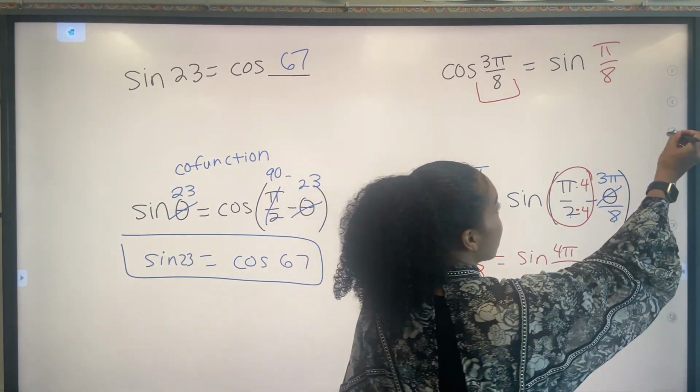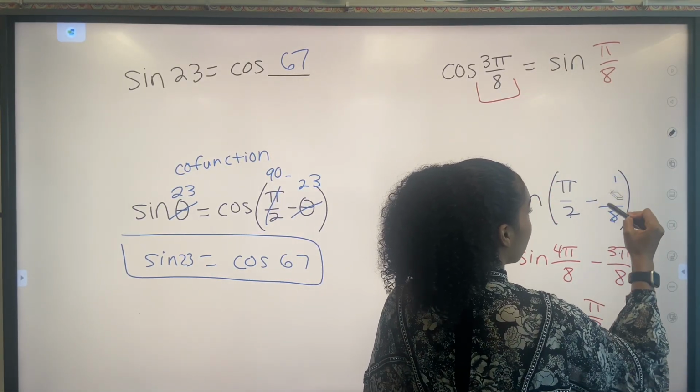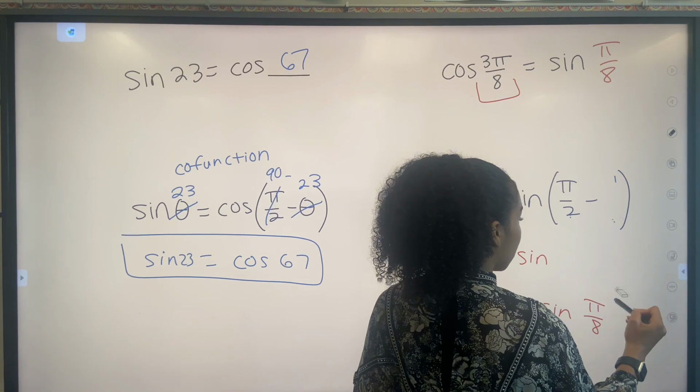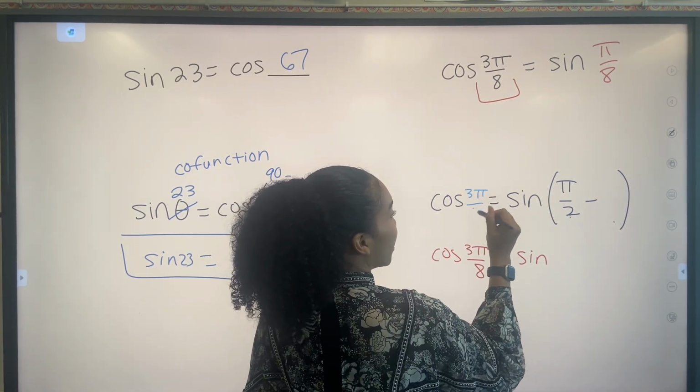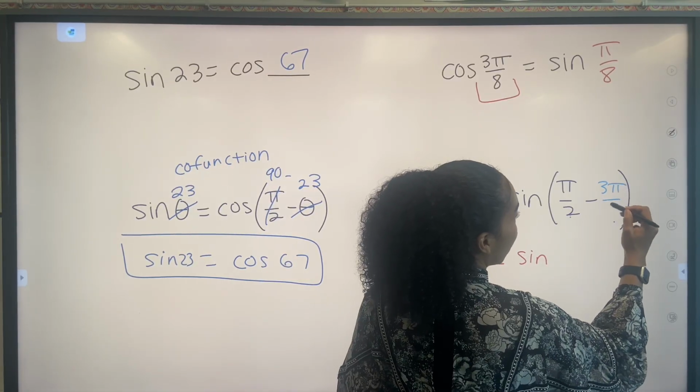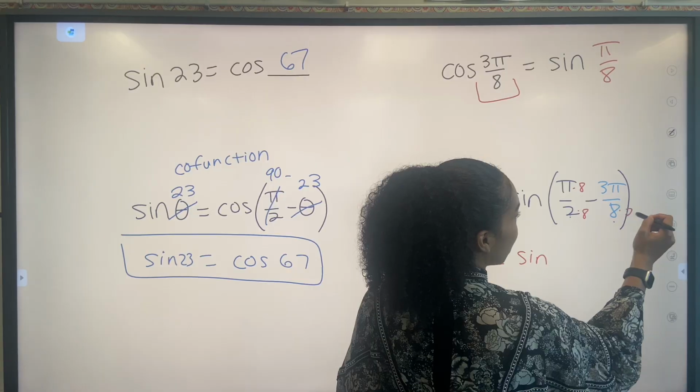And you guys said the way y'all wanted to make the denominators the same, which is completely fine. Let me show you guys your way. The angle that you're plugging in is 3 pi over 8 and 3 pi over 8. And you guys said multiply this one by 8 and this one by 2.